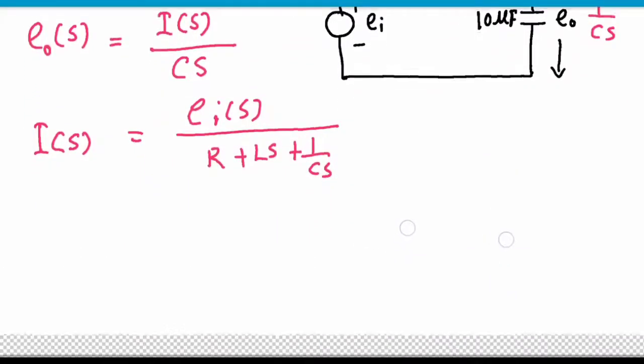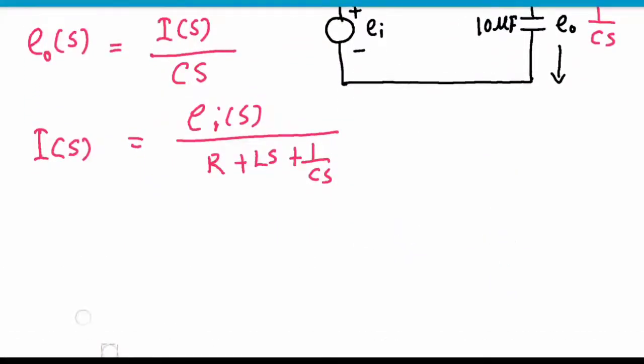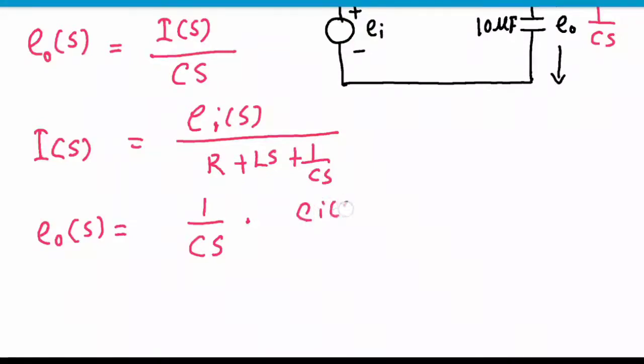So here the transfer function, the output is simply 1 by Cs into Eis by R plus Ls plus 1 by Cs.